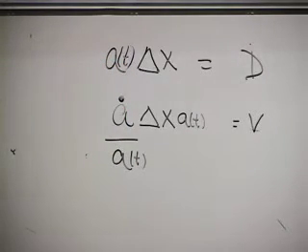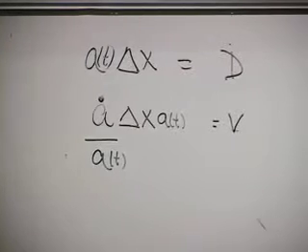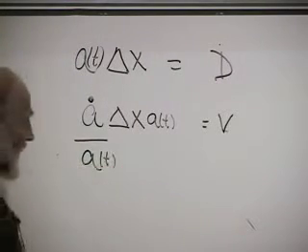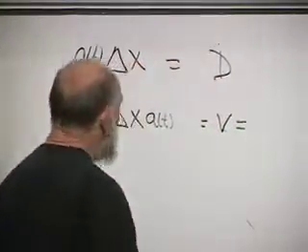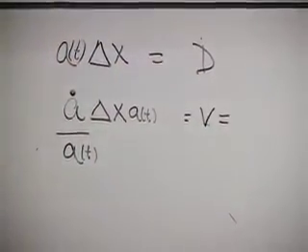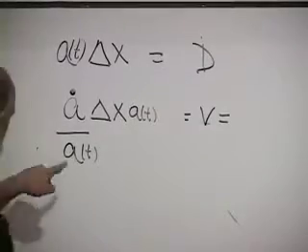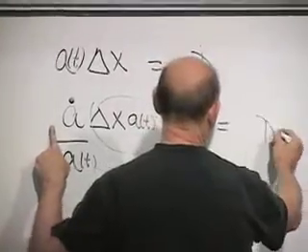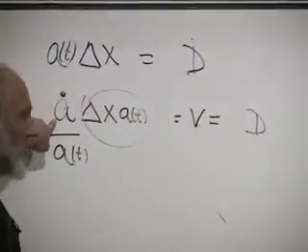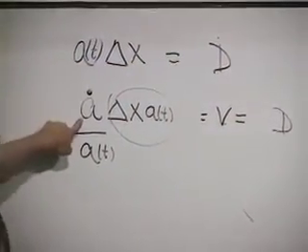What is delta x times a? That's d, the distance. So I've derived very simply a rule that the velocity of recession between 2 objects is proportional to the distance between them times something which doesn't depend on where you are.